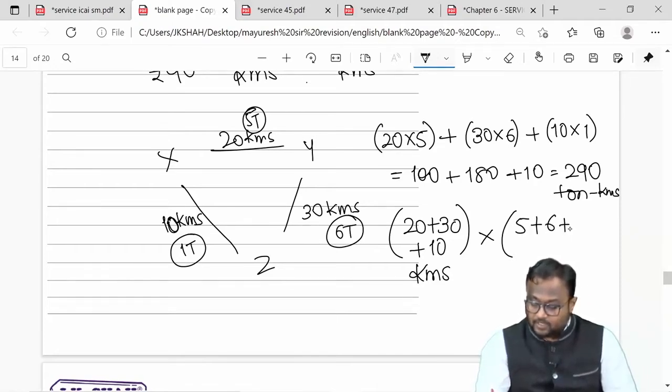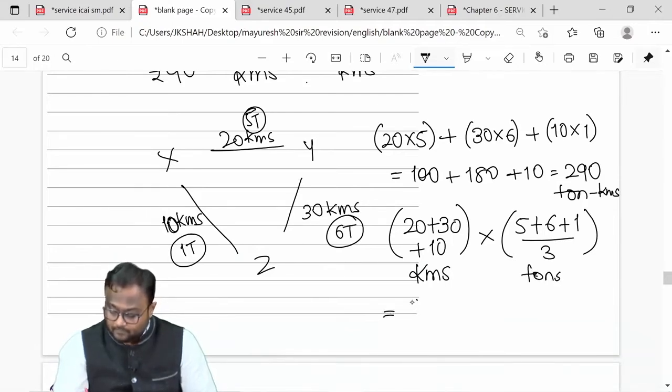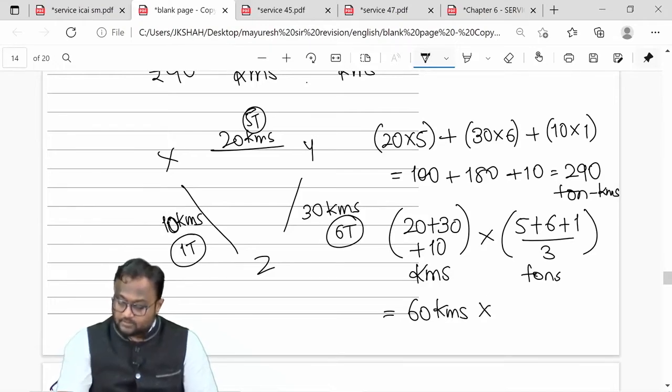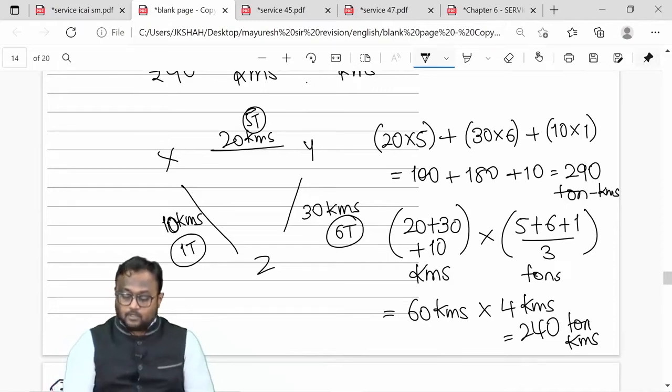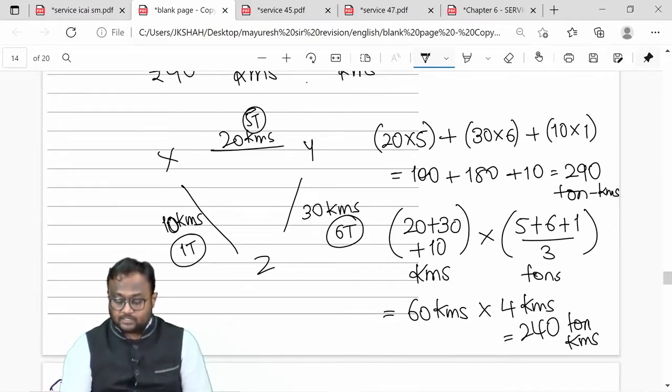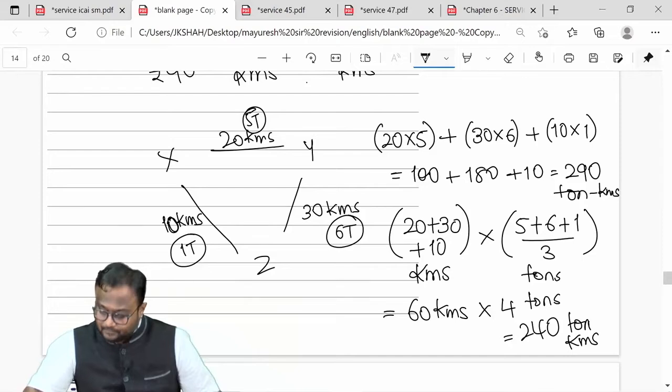Five plus 6 plus 1 upon 3. 60 kilometers into 4. 240 ton kilometers. 20 plus 30, 50 plus 10, 60 kilometers you are carrying on an average. So 4 tons.